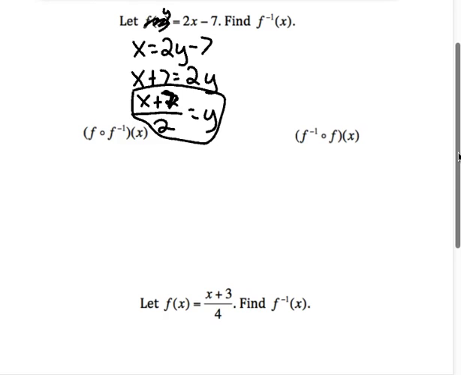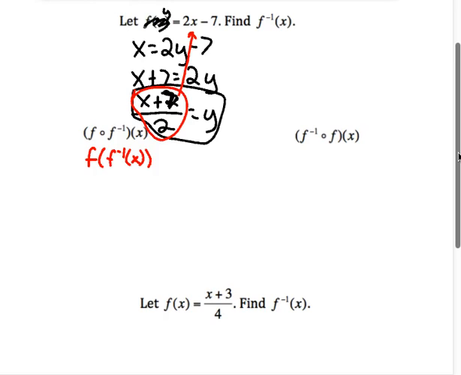Because let's watch what happens. So in this one, I'm going to compose the inverse into the original. Okay, that's going to be my first task.